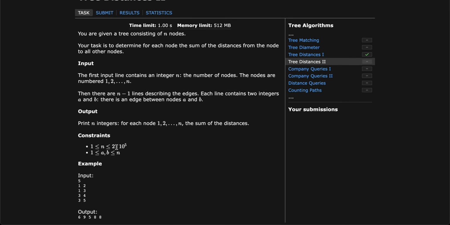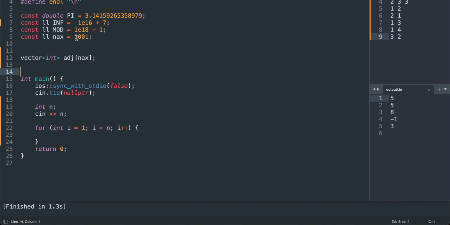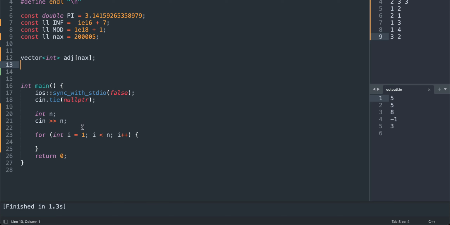It is maximum 2 into 10 raised to 5. We will read, okay, between A and B there is an edge.